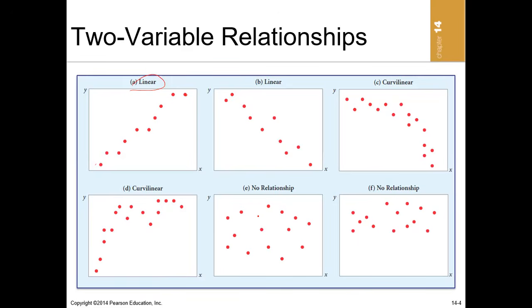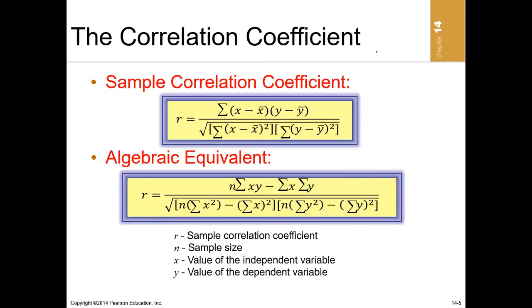In plane E, the nature of the plot is very difficult to tell, so plane E could be deemed as no relationship, and the same as plane F. So that is how we could use a scatter diagram to check. Now, as I mentioned, there is a more objective measure.